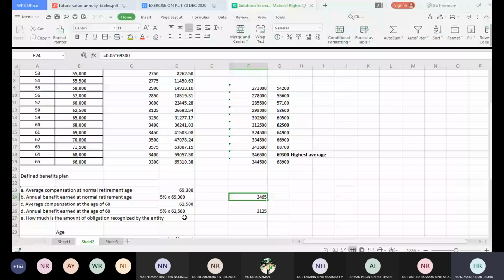The employee will earn this for all years in service he has provided to the company. So if you assume this employee started working at the age of 50 and retires at the age of 60, that is 10 years. So that is how you calculate the average compensation in this question and the annual benefit earned at normal retirement age.